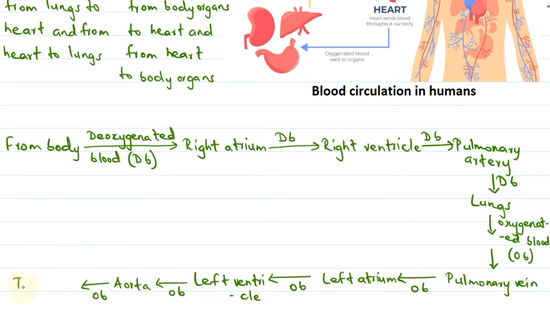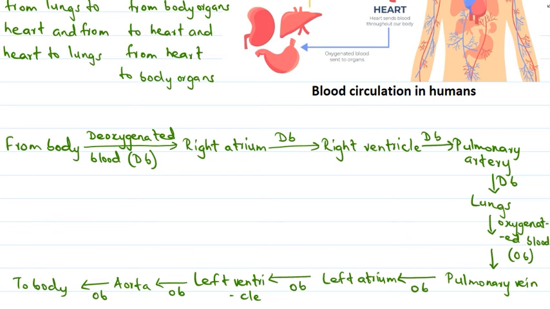So we can say to the body, that is to different parts of the body. So when the blood reaches the capillaries, the nutrients and gases are delivered to all the cells and the carbon dioxide is collected by the blood.